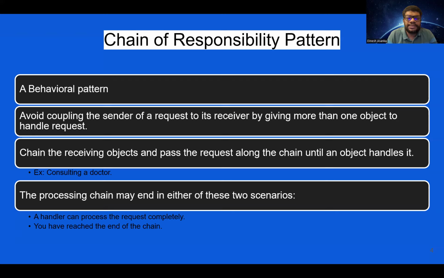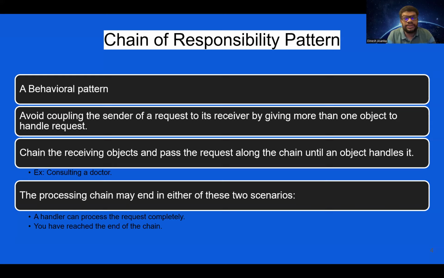The processing chain may end in two ways. The obvious way is that a handler handles the request completely. You provide the solution, so you don't need to go through the rest of the chain. The second one is the problematic case: you have reached the end of the chain.